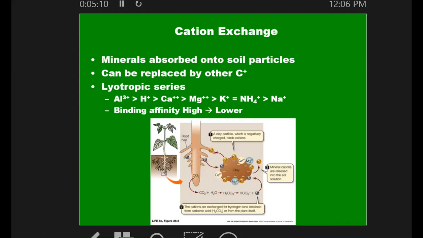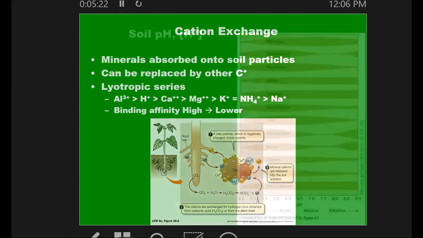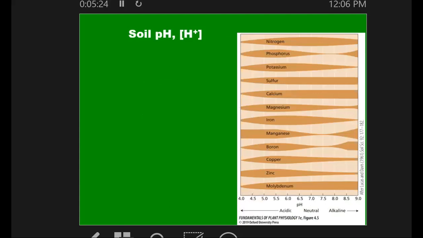Then they started looking at, when we look at soil systems, what else can impact the availability of these minerals besides this cation exchange idea? A huge thing to think about is soil pH. Soil pH has a pretty good influence on how these minerals will be available to the plant.